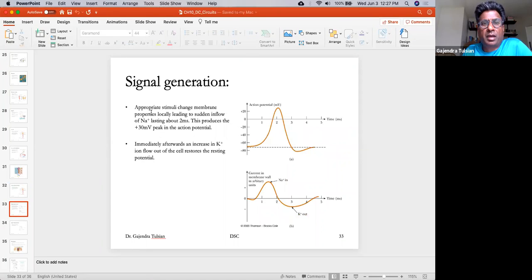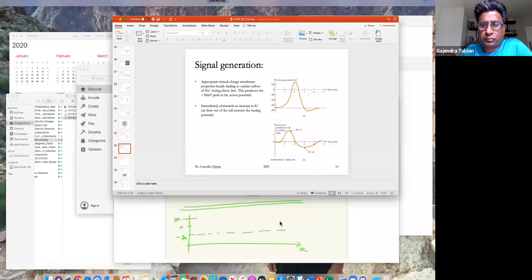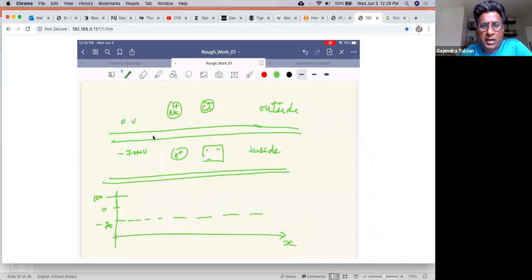Appropriate stimuli change membrane properties locally, leading to a sudden inflow of sodium ions lasting about 2 milliseconds. Here's how this nerve impulse is generated. By pinching yourself or doing whatever, you change the properties of this membrane, and it becomes permeable to sodium ions.